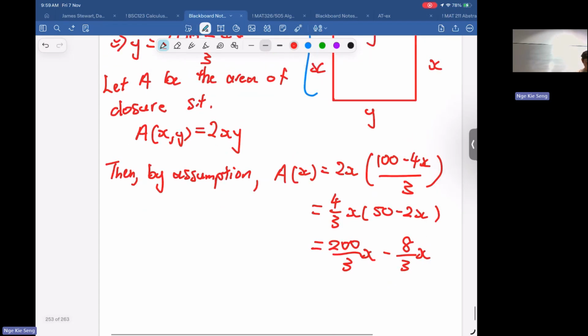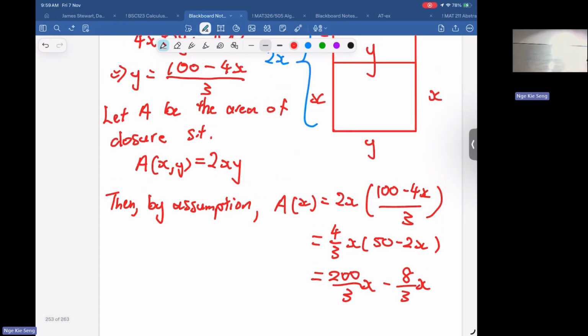Similarly, you check the 3 types of critical points: boundary points, singular points, and stationary points. In this case there's no boundary point to check because it's defined for every point in R. And for singular points, this is differentiable, so you get a derivative at every point. There's no singular point. Usually you get a singular point when your derivative is divided by x or by something that can become 0.